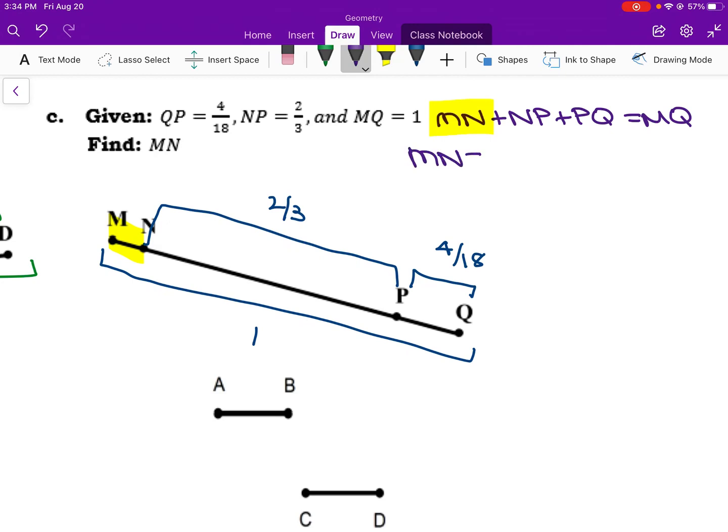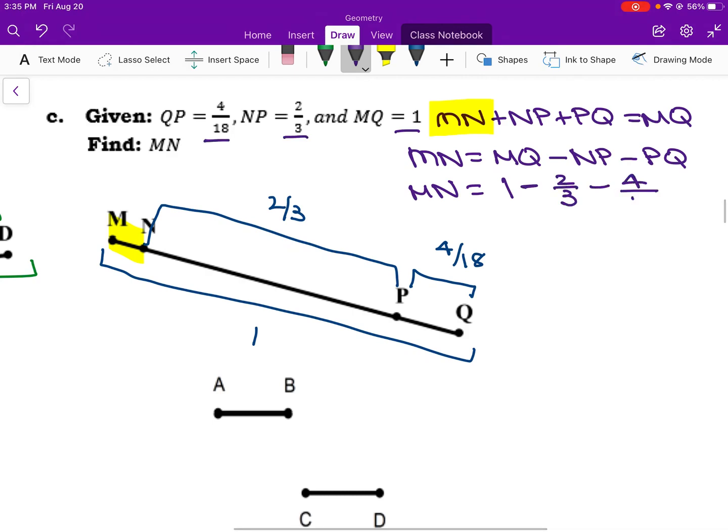So I'll say that MN equals MQ minus NP, so I've subtracted that from the left, minus PQ. And so I have that MN equals, now that I start substituting, MQ is given to me as 1, minus NP, which is given to me as 2/3, minus PQ, which is named QP, but in this case, they are interchangeable, so it's minus 4/18.